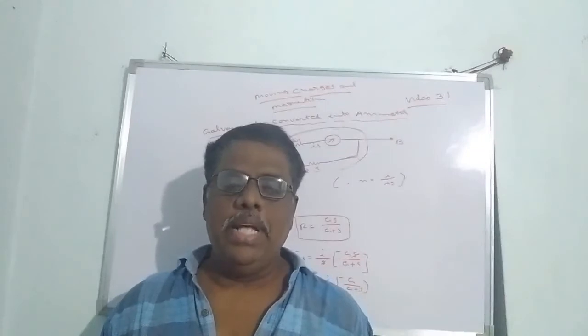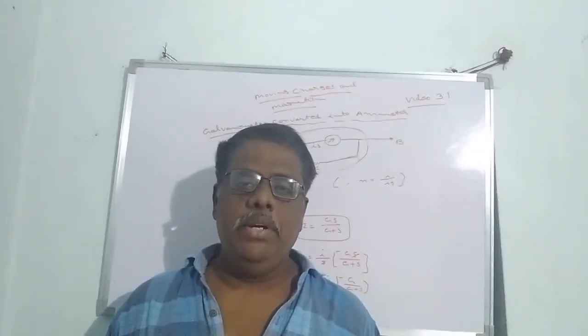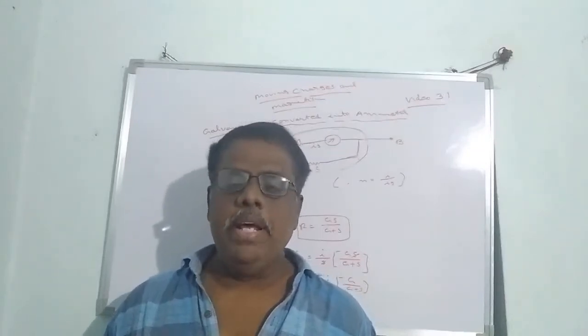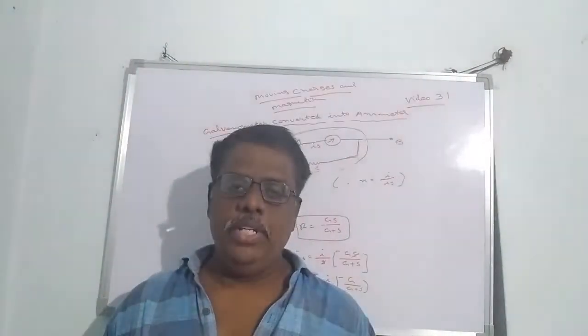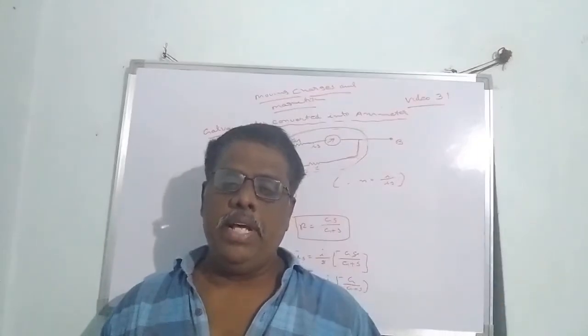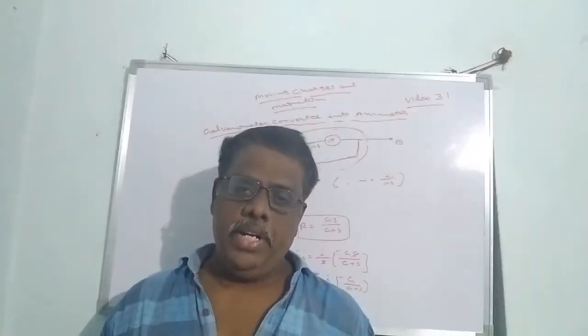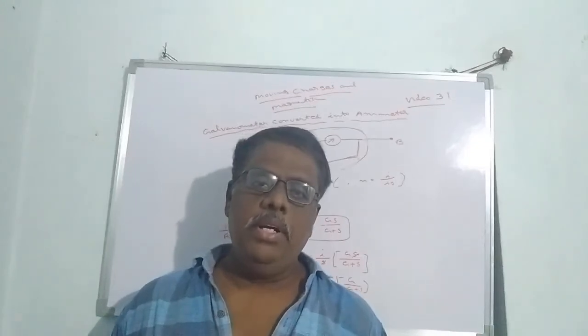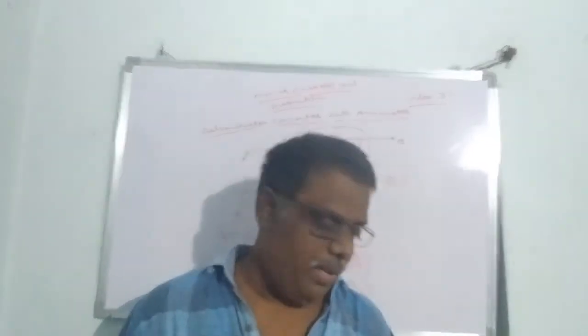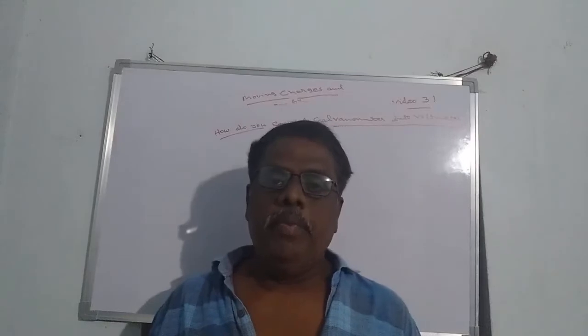The galvanometer becomes an ammeter when we connect a shunt resistor, a small resistor. Because of this small resistor, a major portion of the current passes through the shunt resistor. Then the galvanometer will be safe from large and high currents. That is how a galvanometer becomes an ammeter.